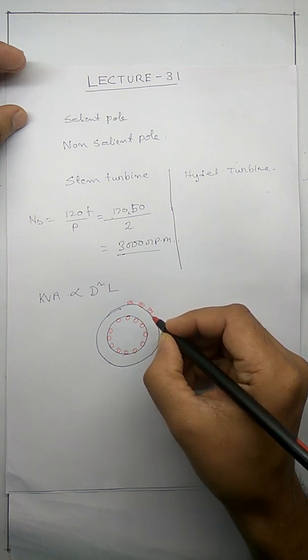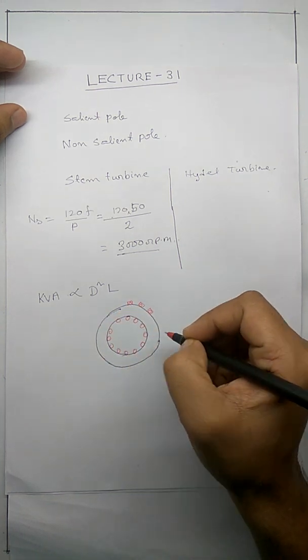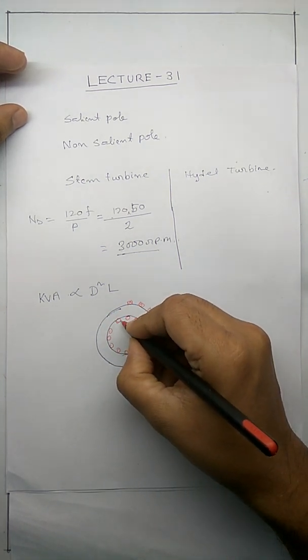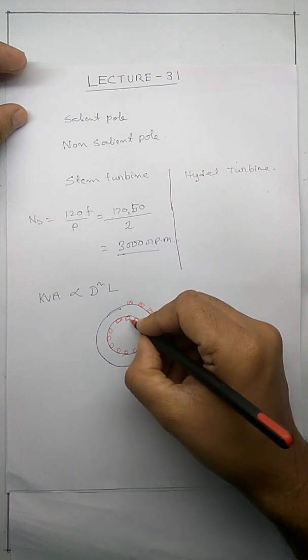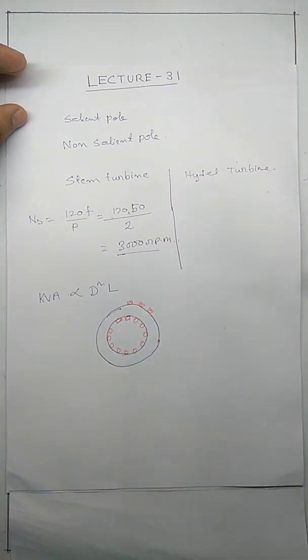This is how throughout the periphery there are coils like this. On the rotor, the coils are placed like this, and on the stator, the coils are placed like this.